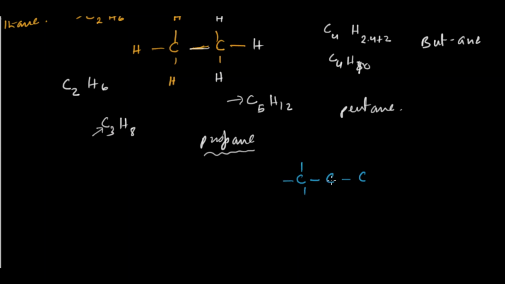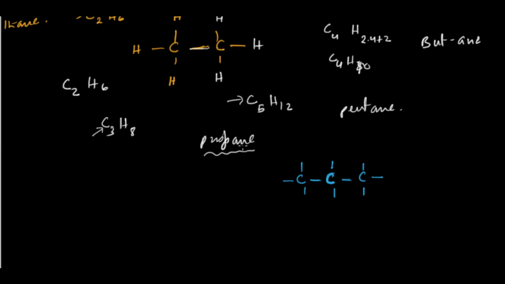This carbon already has 2 hands, so we will give just 2 hands. And this carbon already has 1 hand, so I'll give the rest. Now you can see each carbon has 4 hands.